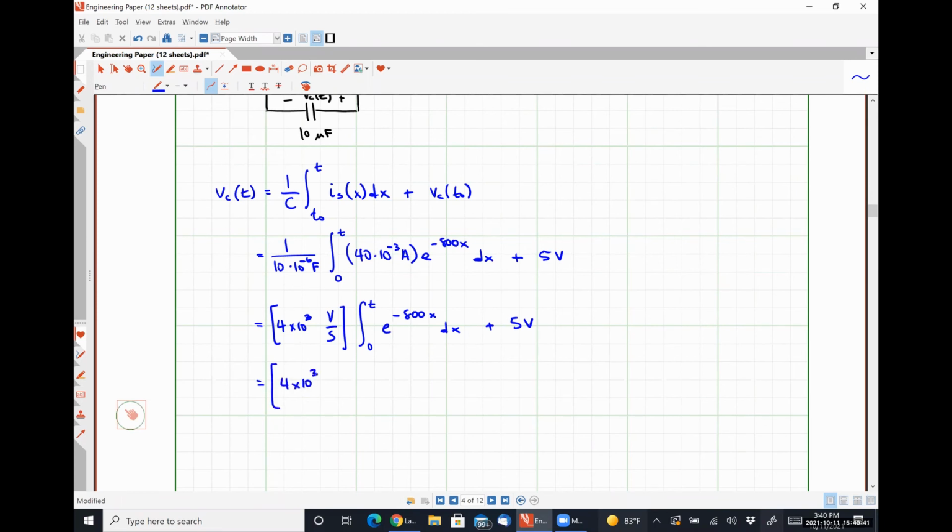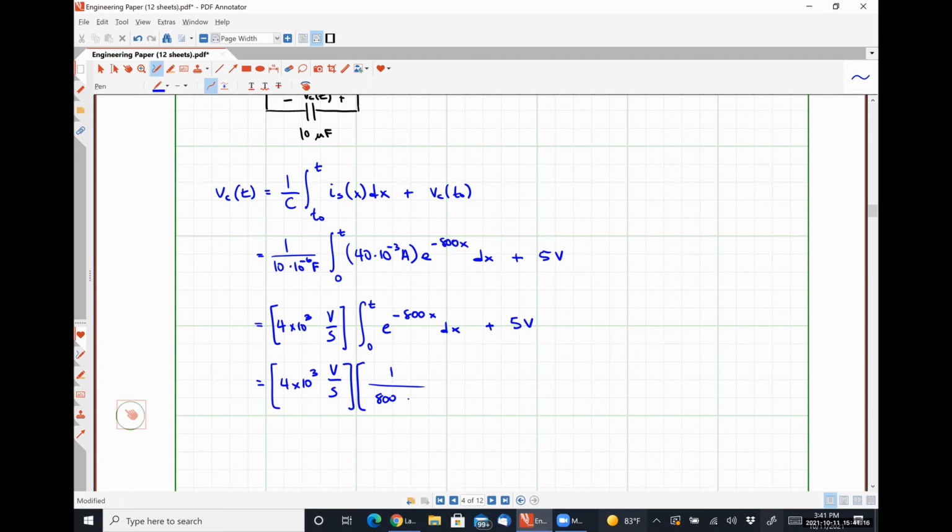So this is going to look like 4 times 10 to the 3 volts per second multiplied by 1 over 800. Now what's important here, and it's not obvious, so I'm taking a moment to explain it: the argument of our exponential function should be unitless. So if x is a variable representing time, then 800 has to have units of per time, or per second.